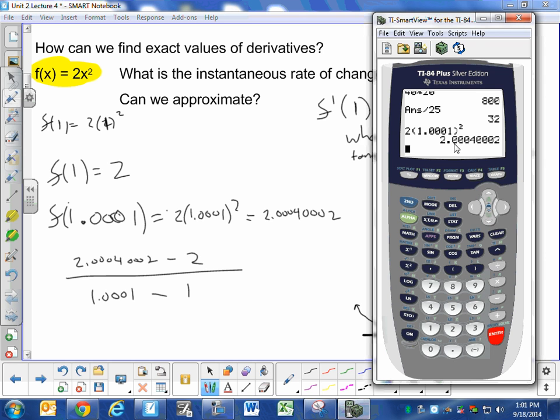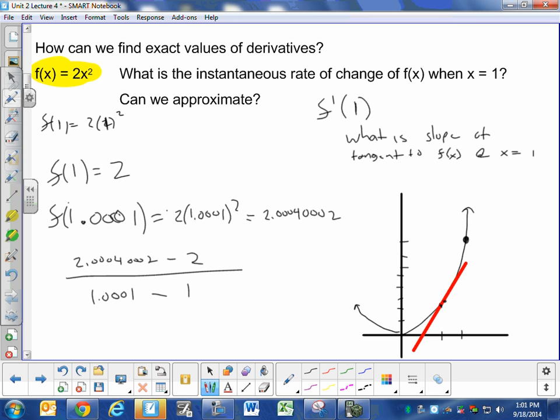And in my calculator, I'm just going to go minus 2 divided by 1.001 minus 1. Enter. We get a number very, very close to 4.